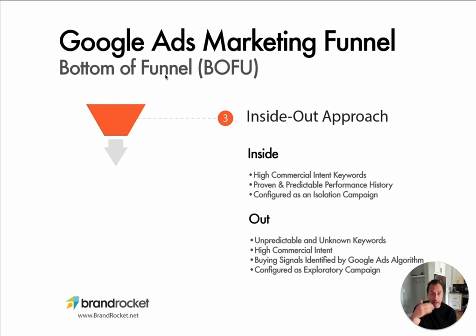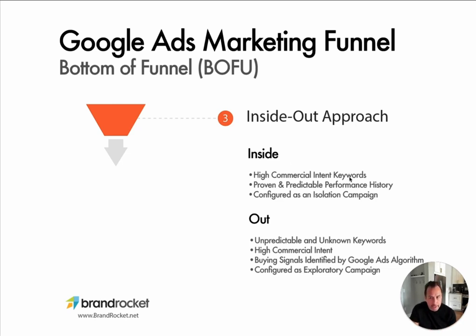It's account after account, geo-targeted area after geo-targeted area. It's the same type of keywords that show up and have proven themselves, and a lot of them are whatever the search is plus the city name or service area, or service description near you, or something like that. It really depends. But these are what we call the inside keywords.